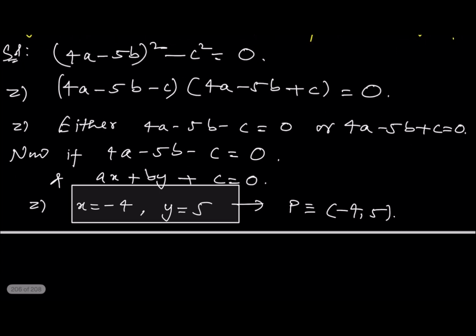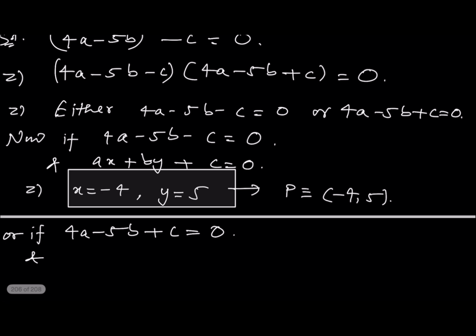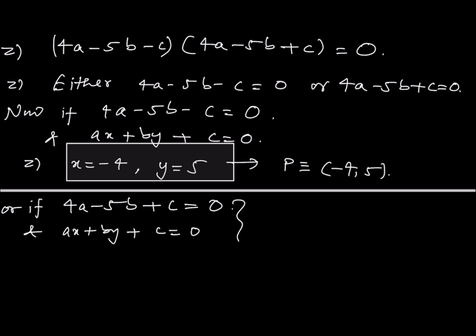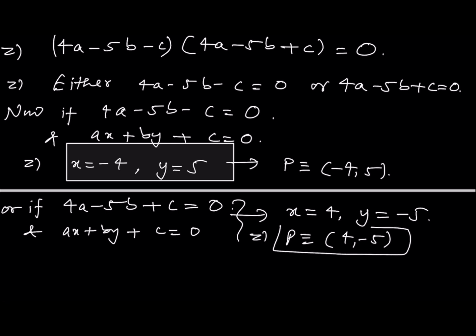Or if 4a minus 5b plus c is equal to 0, then taking again the equation of line, from this x is equal to 4 and y is equal to minus 5. So the point is 4 comma minus 5.